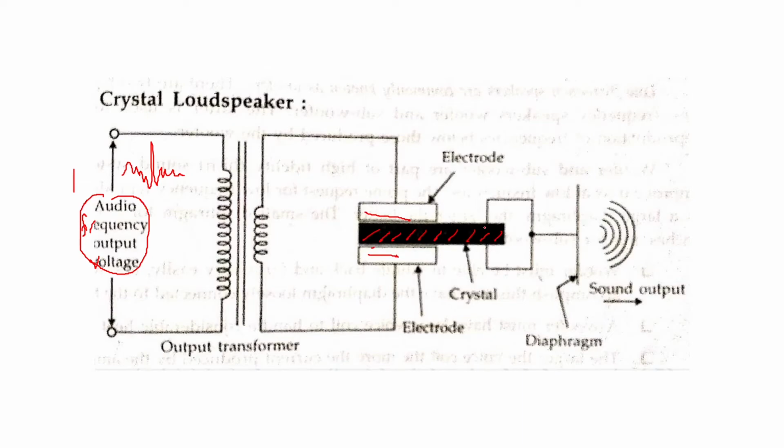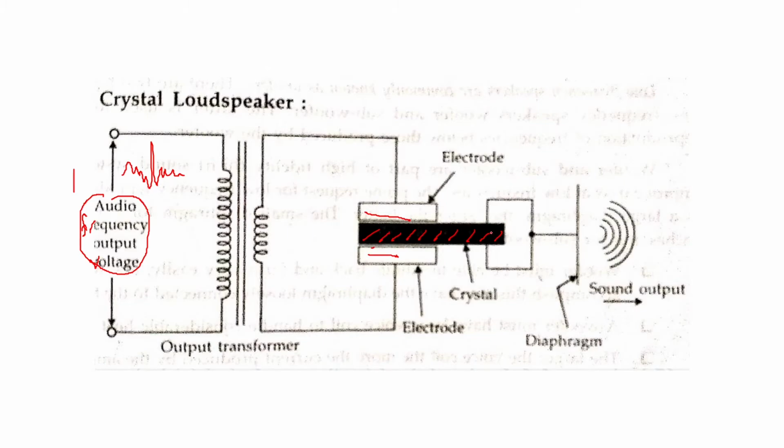Now this crystal will be a piezoelectric crystal like Rochelle salt. We know that the principle of piezoelectricity says that whenever a voltage is applied across its two ends, it will start mechanical vibrations.